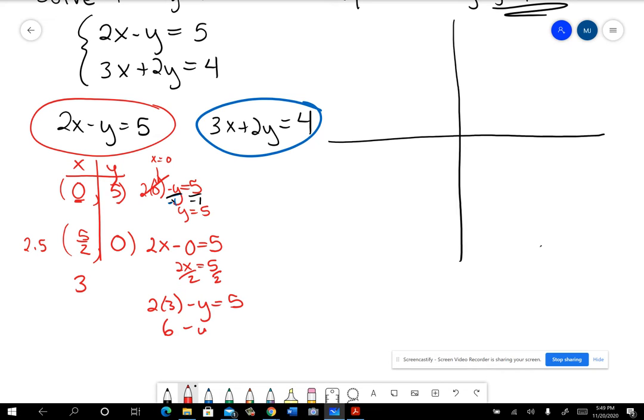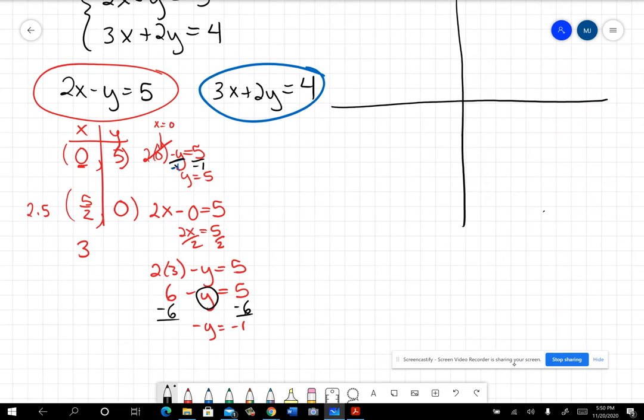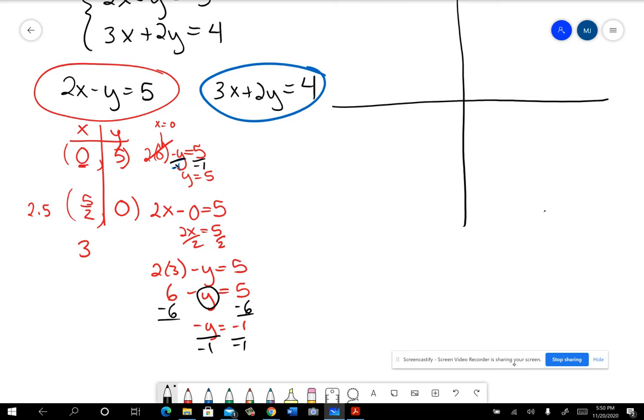That's 6 minus y equals 5. I might be able to, on that one, just see, can you see how y would have to be 1? If not, you'd continue solving and you'd subtract 6. So you'd have negative y equals negative 1, and then divide by negative 1. And so y would be 1. Okay.